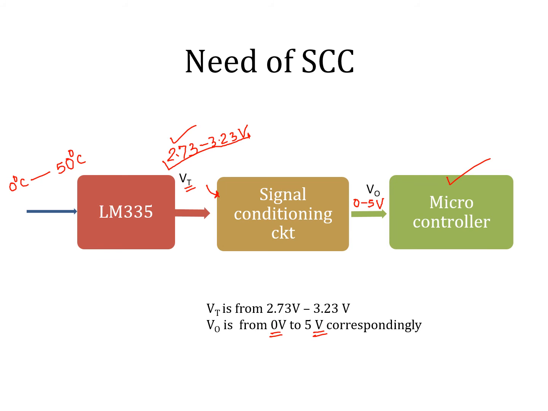The A to D will use only a band of its digitization. Let me tell you in more detail. This is the 2.73 to 3.23 range, but actually the A to D can operate between 0 to 5 volts. So we are using only this particular band of A to D values.